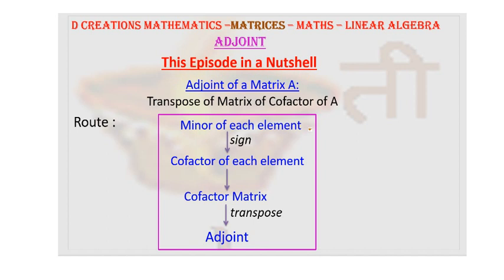So if the addition of i and j comes out to be odd, the sign assigned is minus, and if the addition is even, the sign assigned is plus. So it's like a chessboard, alternating plus, minus, plus, and so on, black and white kind of a thing. And so we get a cofactor for each element, arrange them in a cofactor matrix, and simply take its transpose. That gives you the adjoint.